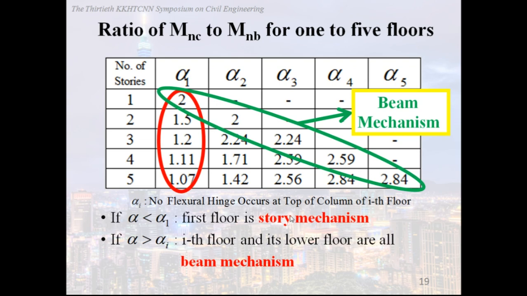And in another case, if alpha is larger than alpha i, the green circle, it shows that the ith floor and its lower floors are all beam mechanism. And among them, alpha i is where no plastic hinge occurs at the top of column of ith floor.